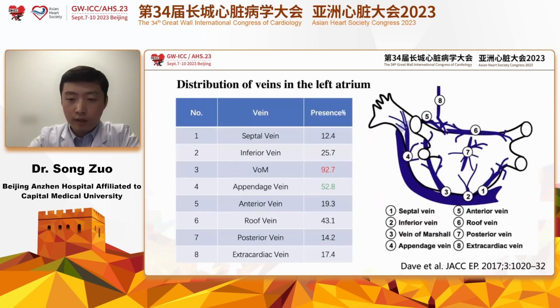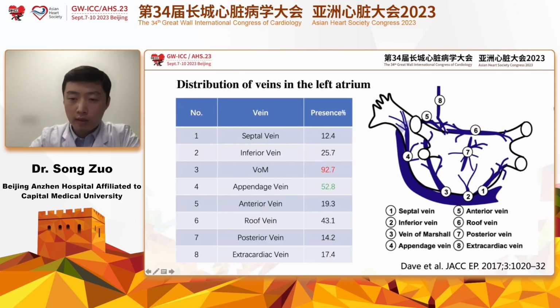Professor David reported the distribution of veins in the left atrium in 2017 in JACC-EP, and he classified the veins in the left atrium into 8 veins. They are the septal vein, inferior vein, vein of Marshall, appendage vein, anterior vein, posterior veins, and roof vein.